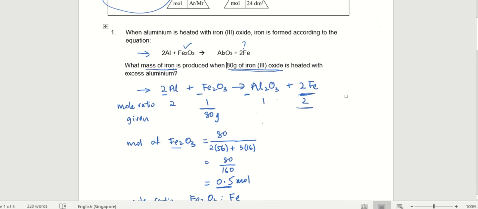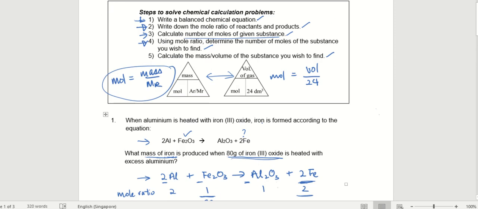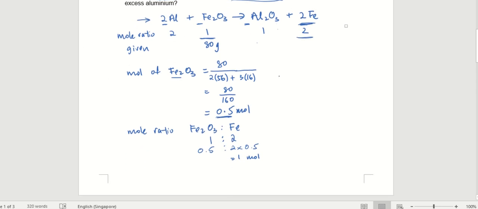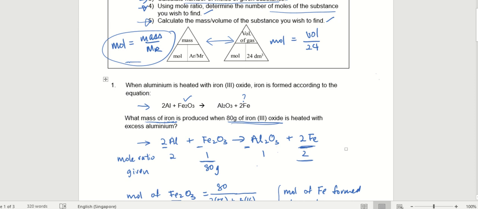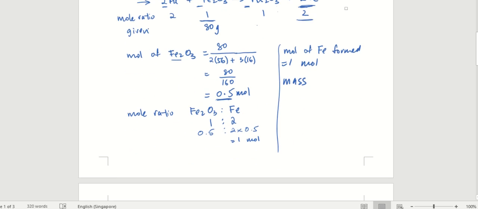Now we have already calculated the mole of the substance that we wish to find, and we simply use that to find the mass of iron. Let's just draw a line here. We now know that the mole of iron formed is 1 mole. Therefore, in order for us to find the mass of the iron formed, we will again use this formula: mass is equals to mole times Mr, or in this case Ar.